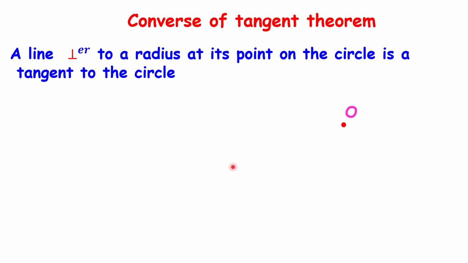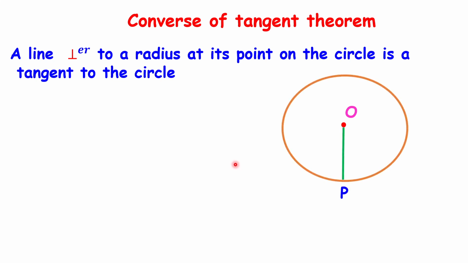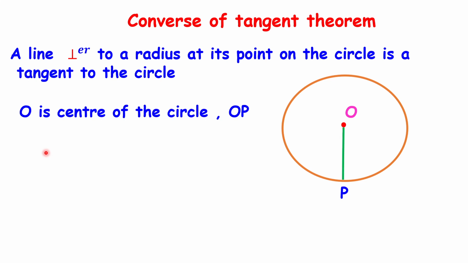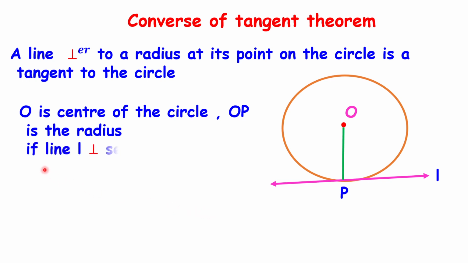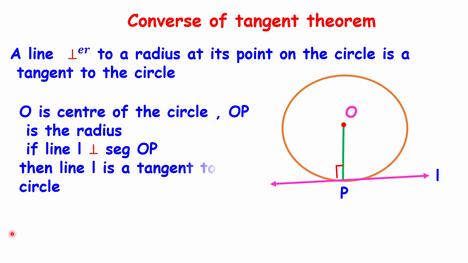Here O is the center of circle and OP is the radius, P is the point on the circle and the line L. This line L is passing through the point P and also perpendicular to the radius OP. Then line L is a tangent to the circle at point P.